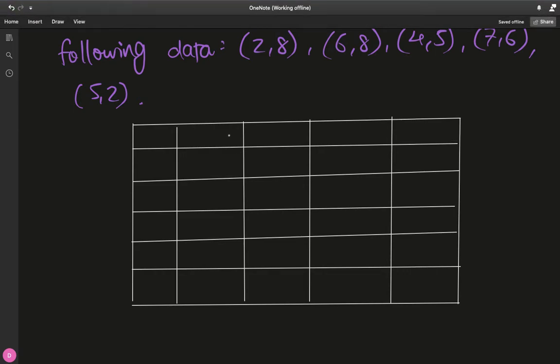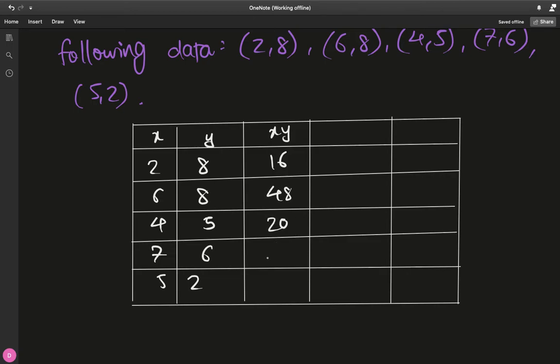So what I've done is I've tried my best to draw a table, and that will help us write down points. So call this x, call this y, and let's write all these points. So we have 2, 8, 6, 8, 4, 5, 7, 6 and 5, 2. Then the next column will be for xy. This will help us in our calculation. So let's calculate that. 8 times 2, 16, 8 times 6, 48, 5 times 4, 20, 7 times 6, 42, 5 times 2, 10.